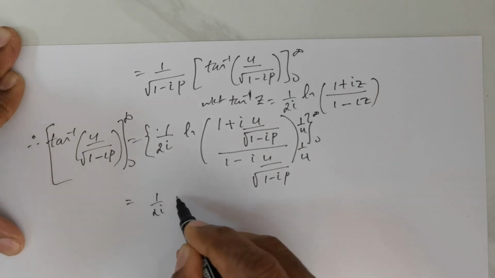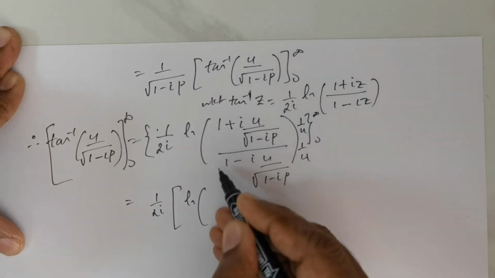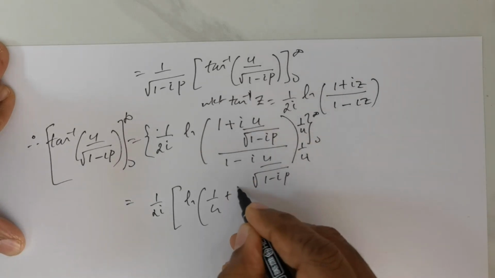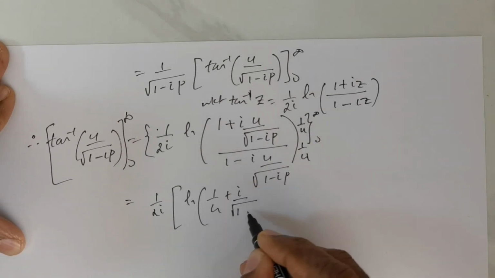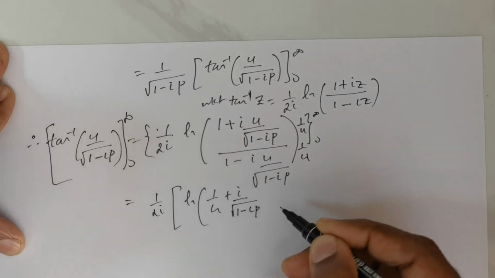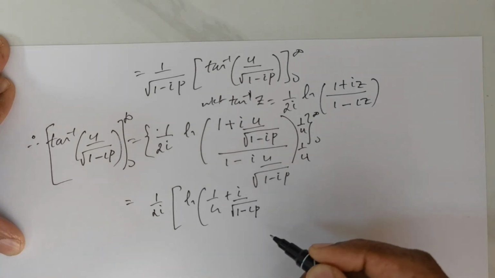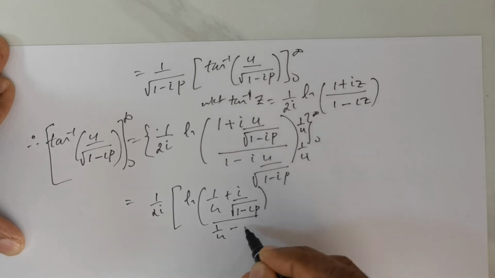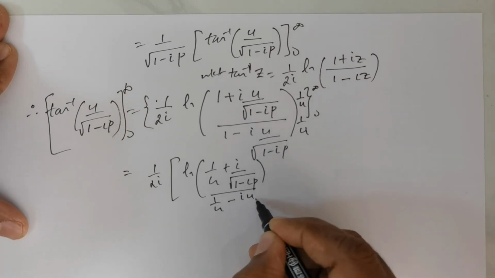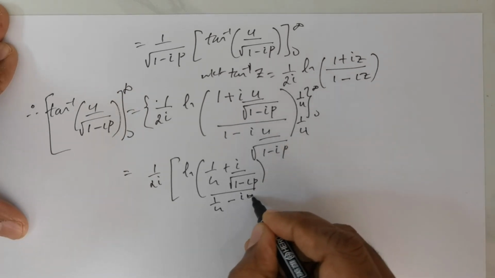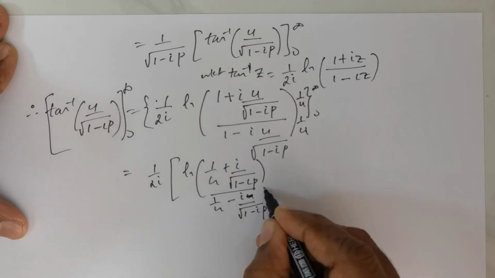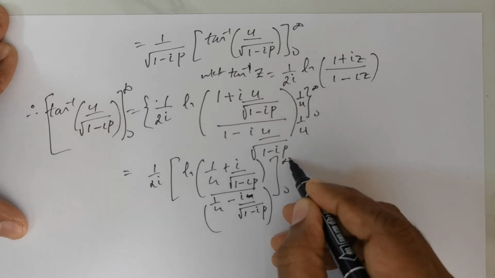So it's going to be 1 over 2i ln of 1 over u comes inside, and 1 over u and this u gets cancelled, giving me i over root of 1 negative i times p, divided by 1 over u negative i over, that u gets cancelled, so no need to write that, divided by root of 1 negative i times p. So this is what we have got, 0 to infinity.